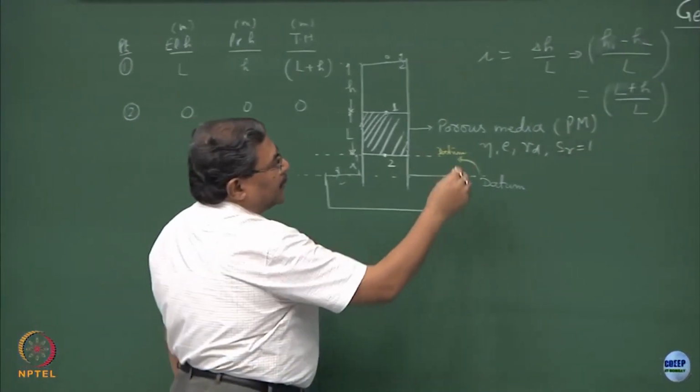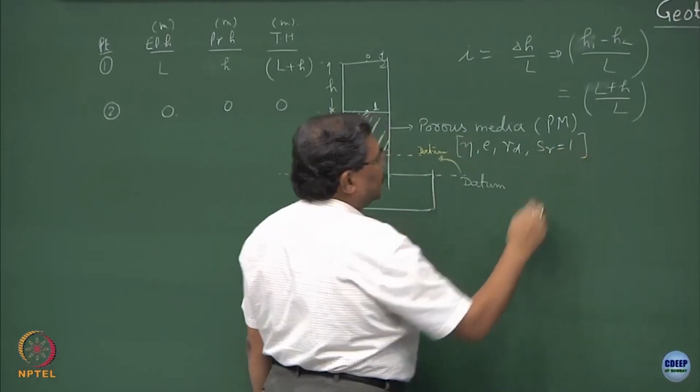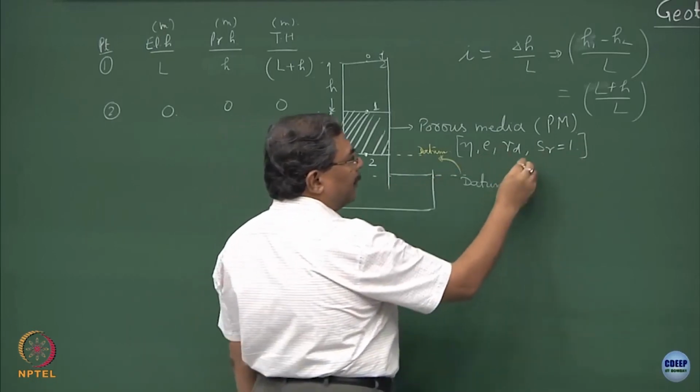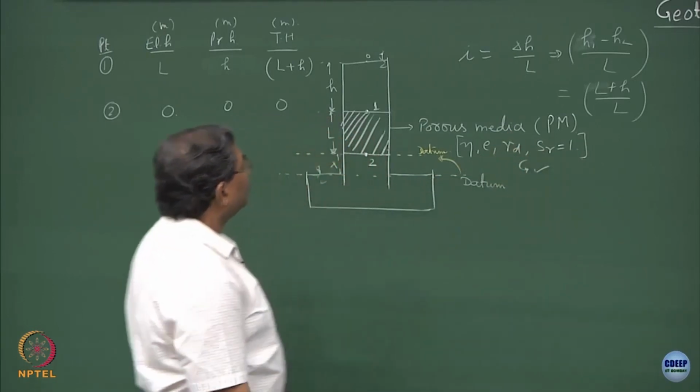The porous media is described by these parameters, that is porosity, void ratio, gamma d is known, SR is known, specific gravity is known, and so on.